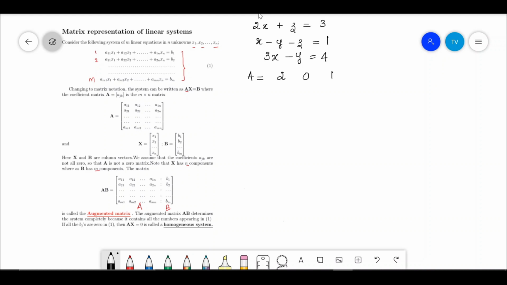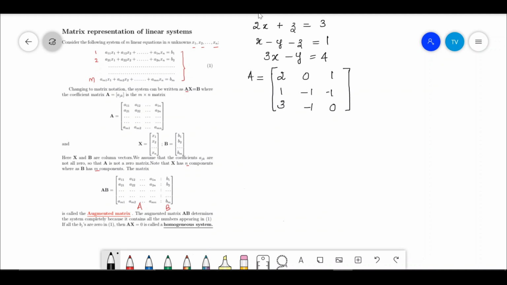From the first equation it is 2, 0, 1. From the second equation we have 1, minus 1, minus 1. From the third equation we have 3, minus 1, 0. So this is the coefficient matrix A.